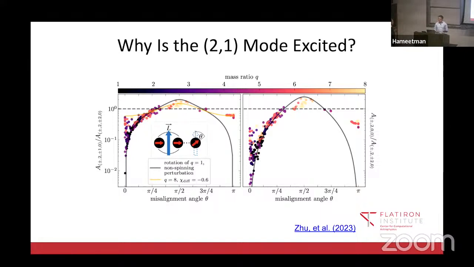Another thing we can do in the near future: I said there's 7 parameters for a binary in-spiral. That's a quasi-circular binary in-spiral. If it's eccentric, you add a few more parameters. We no longer have good waveforms calculated to acceptable levels of precision that incorporate precession and eccentricity. However, if you just look at the ring down and see mode excitations that look weird, that can be a hint of eccentricity that doesn't rely on a parameterized waveform.